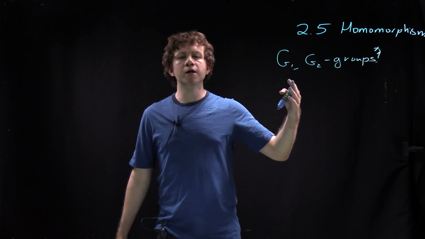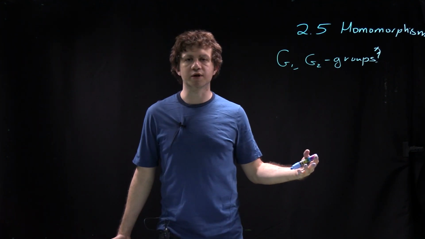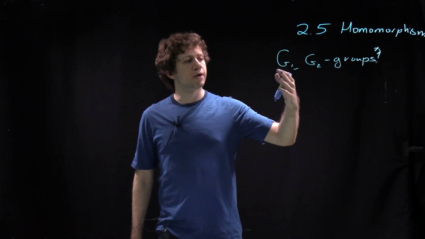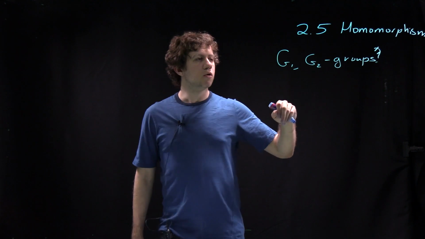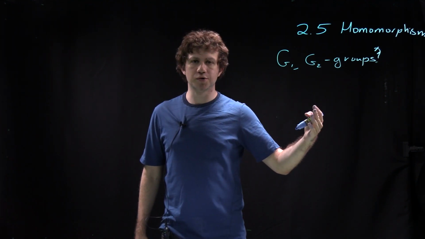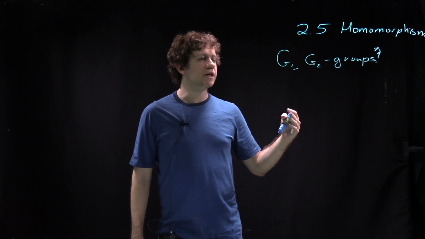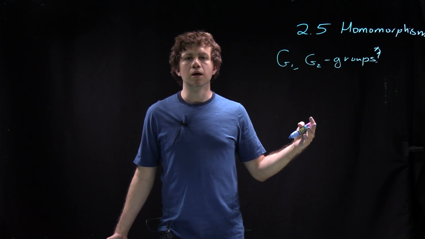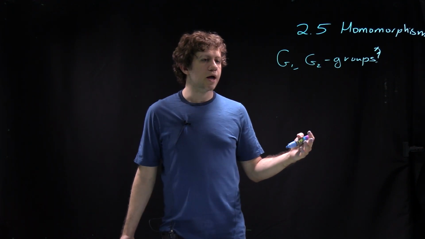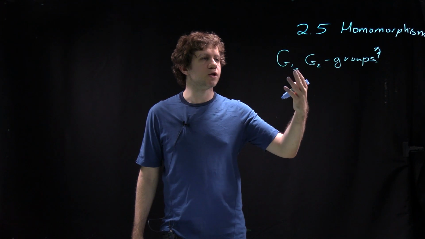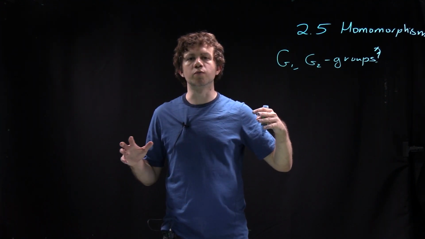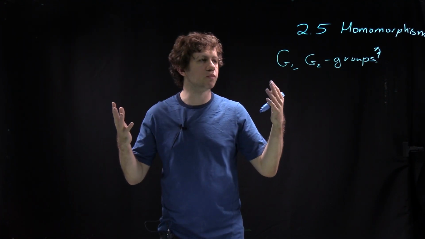So we know there are various ways in which groups can be related. For instance, G1 can be a subgroup of G2, or G1 can be isomorphic to G2. But definitely there is something more general than that. You can have in mind a picture where G1 is a certain group of symmetries of some polytope, for instance.